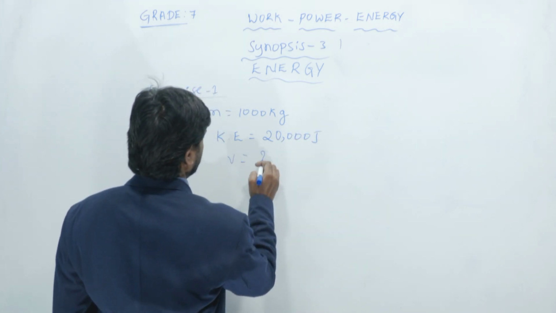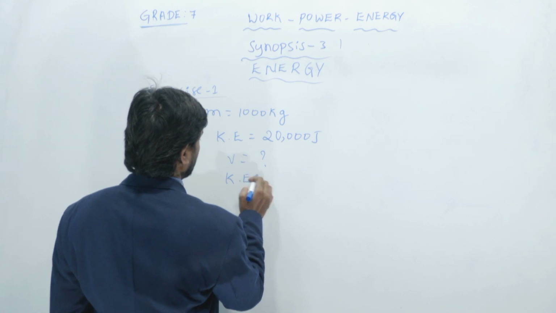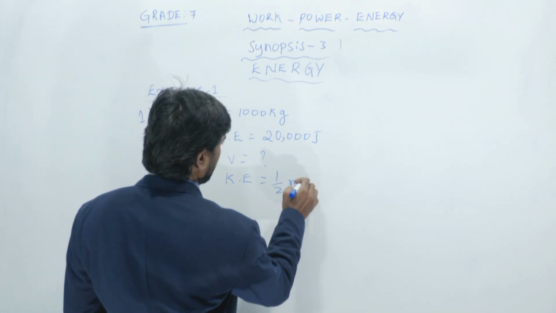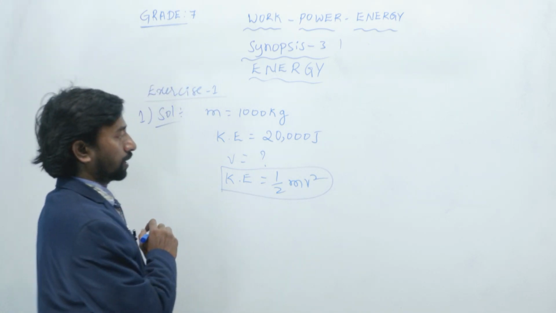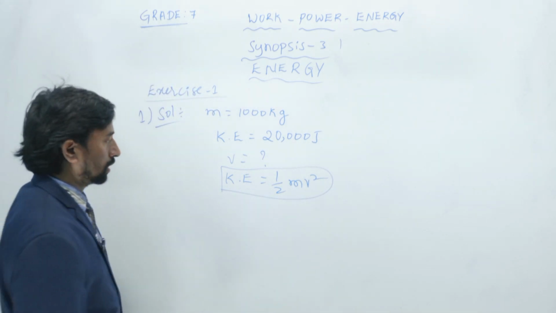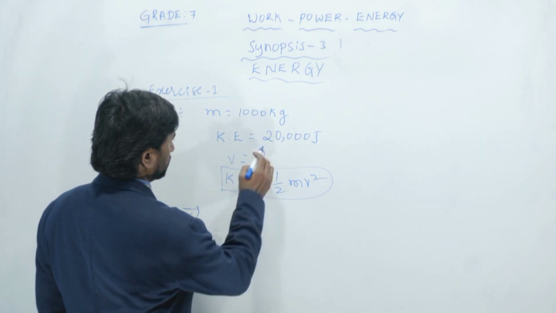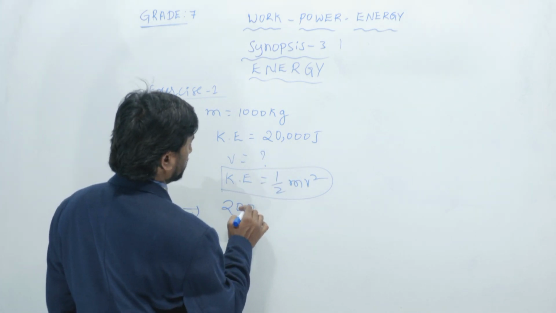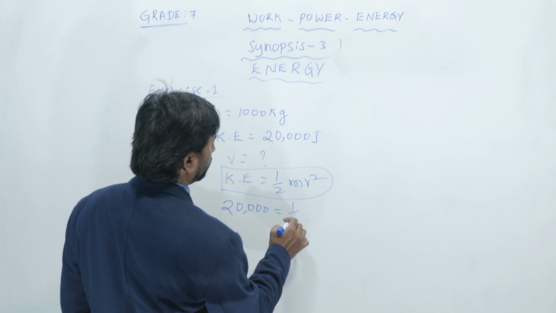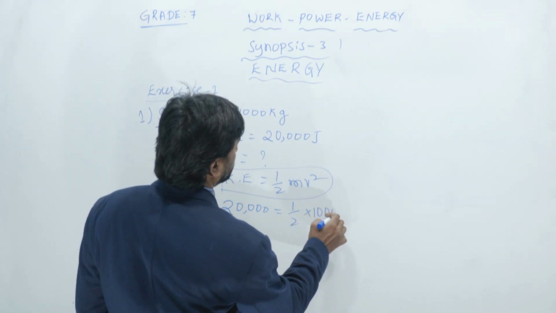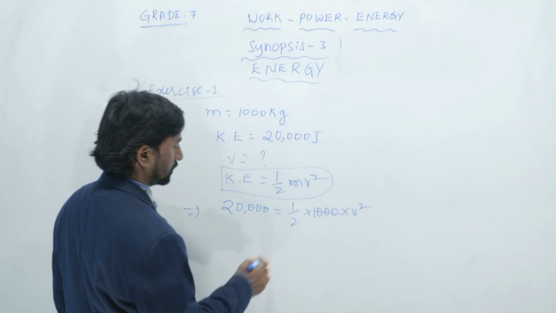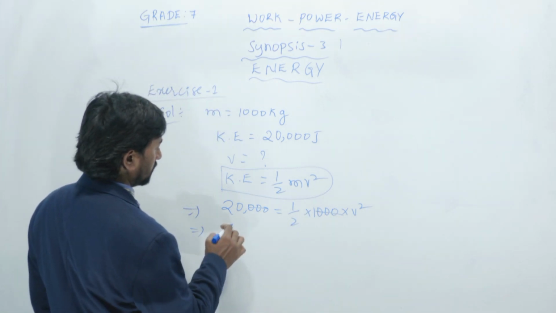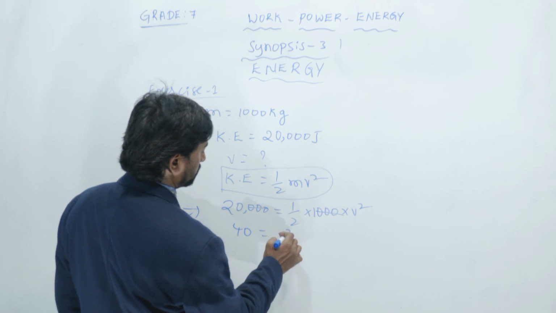They are asking for the velocity. The kinetic energy formula we know is half into m v square. Now the kinetic energy is given here as 20,000. So we write 20,000 equals half into m, which is 1000, into v square. Now these 3 zeros and 3 zeros will be cancelled, so it becomes 40 equals v square.